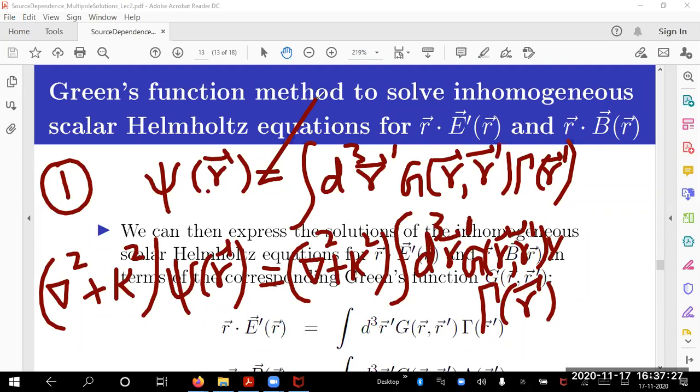R is a constant as far as the integration is concerned, so the r part cannot be touched. So I will write this as d cubed r prime and gamma of r prime.